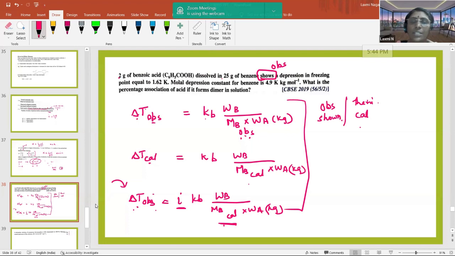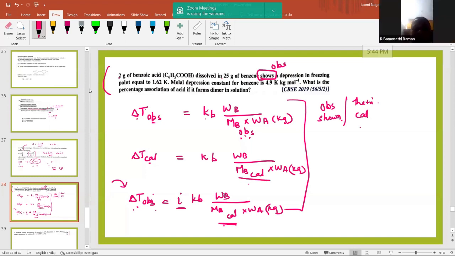These questions depend on colligative properties, molar masses or number of particles. They will either ask you to calculate the molar masses, then relate to the i value, or do the colligative property analysis, then relate to the i value, or directly the i value.